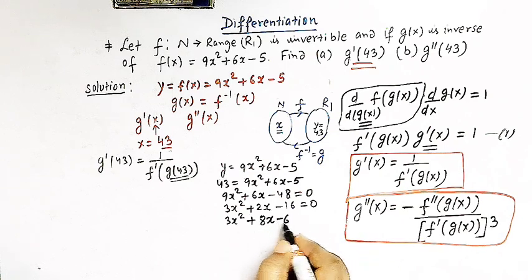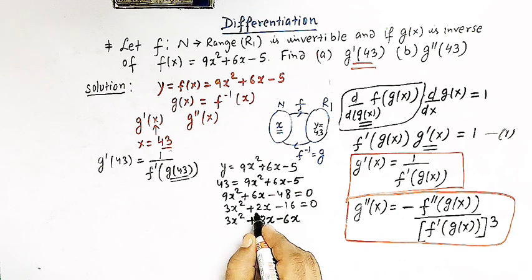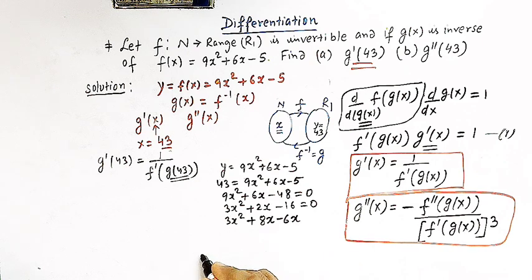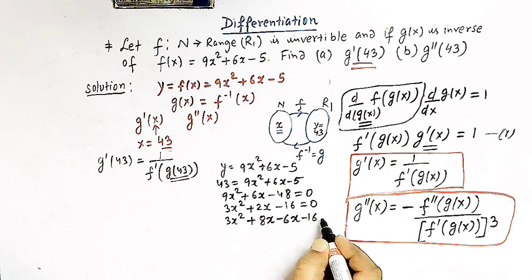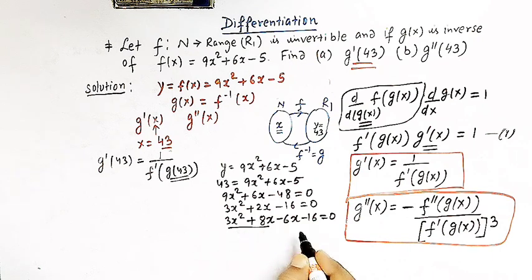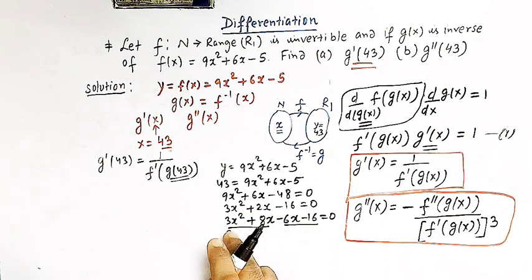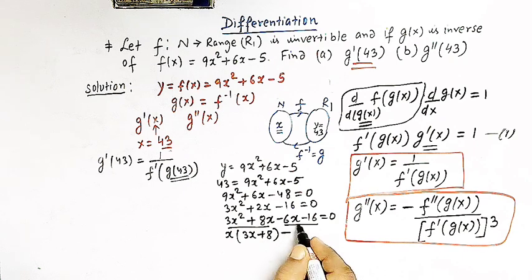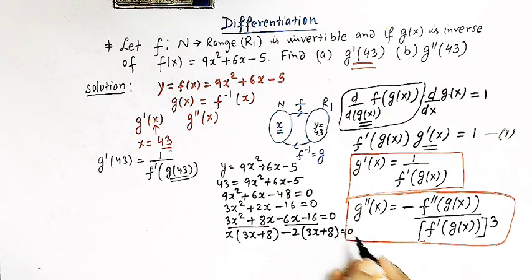So we can now write 8x minus 6x, which is 2x, and 8x times minus 6x is minus 48x squared. So here we have minus 16. Now grouping the terms, we can take x common. So we have 3x plus 8, and here we have 2. Then we can write 3x plus 8 is equal to 0.